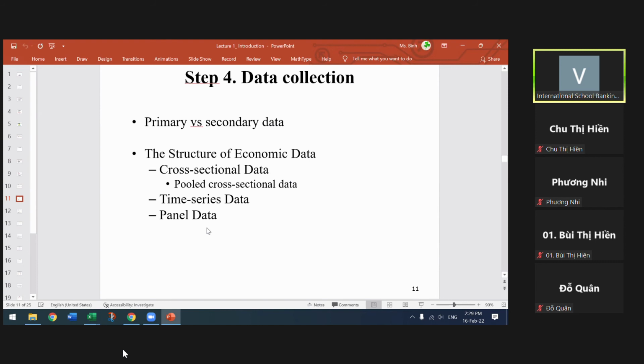And we have panel data, dữ liệu bảng or dữ liệu mảng.